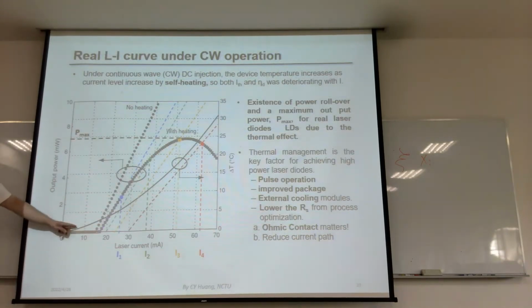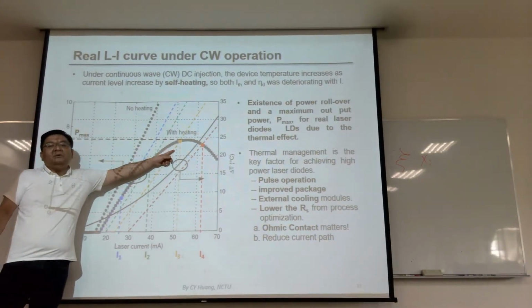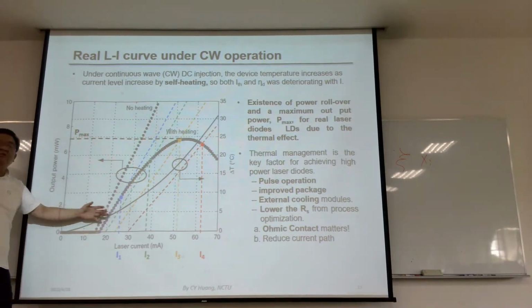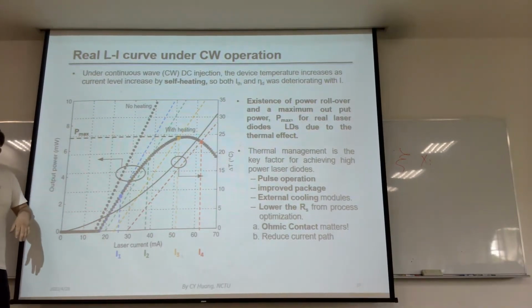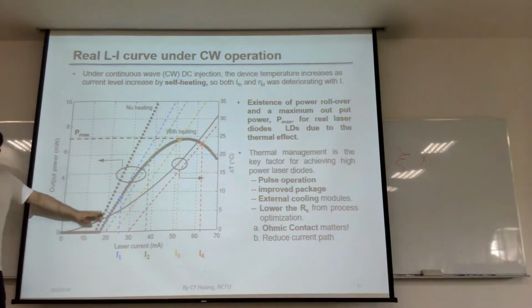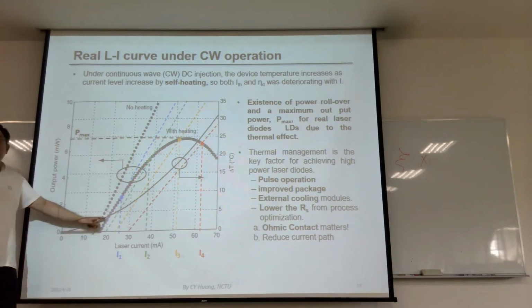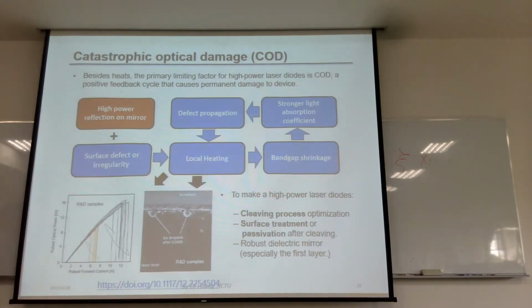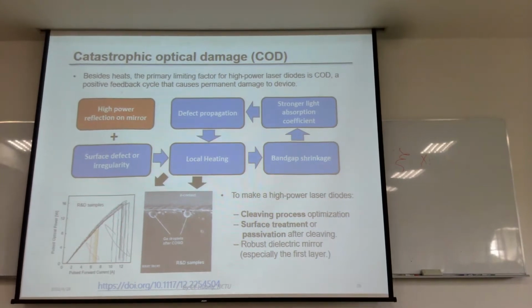But the thermal rollover is reversible. As long as you turn off the current and let the sample cool, it will return to its original state. So this is called catastrophic optical damage. This is also a principal failure mode, which limits your maximum output power for edge emitting lasers.